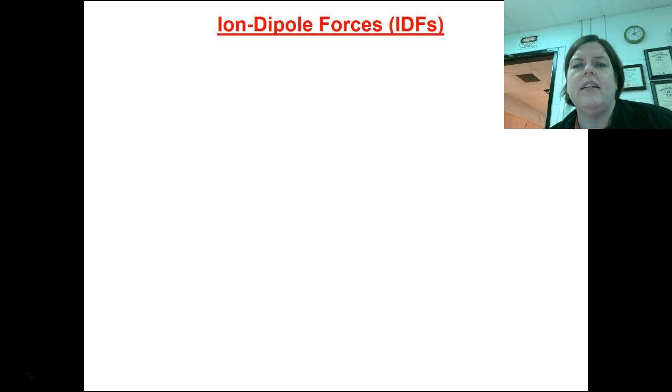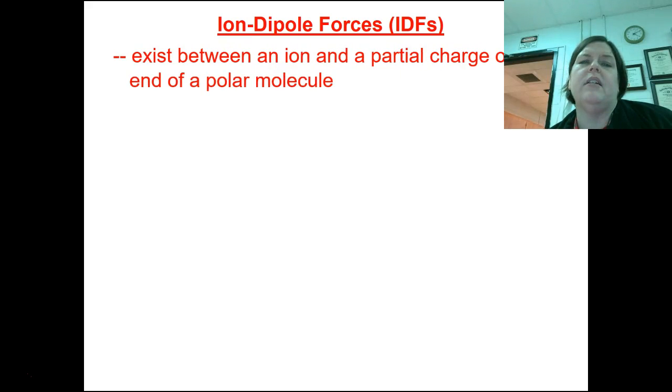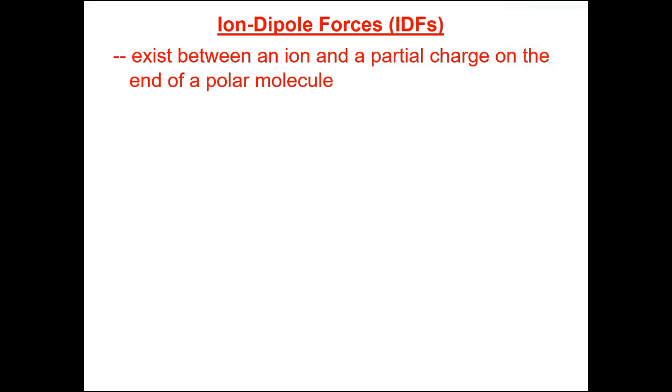Okay, so ion-dipole forces. Ion-dipole forces exist between an ion and a partial charge on the end of a polar molecule. So remember how we said these are electrostatic? We have to talk about polarity in this, because if it's not an ion, officially it doesn't have a charge. But polar molecules have a pseudocharge.